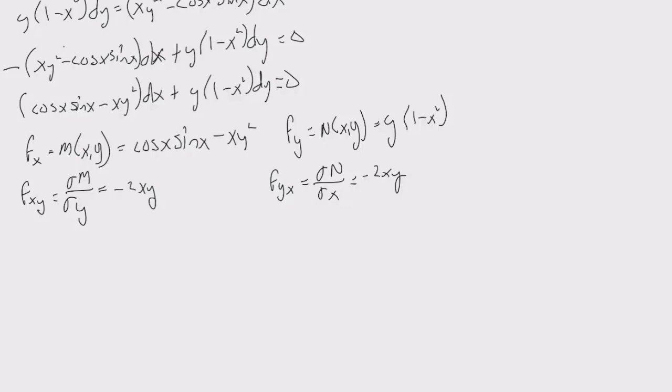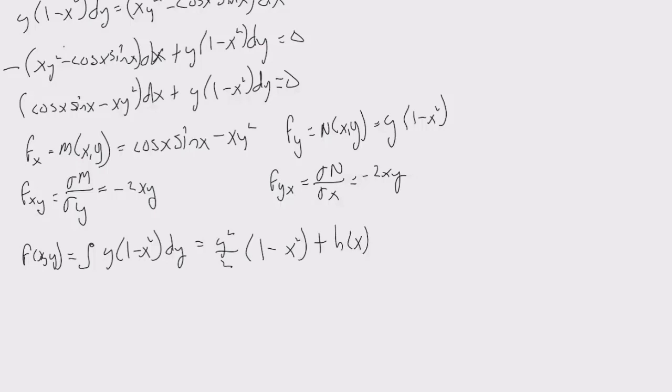So f of x, y would be the integral of y(1 minus x squared) dy. So 1 minus x squared would be considered a constant. And so that then would be y squared over 2 times (1 minus x squared) plus some other function in terms of x.